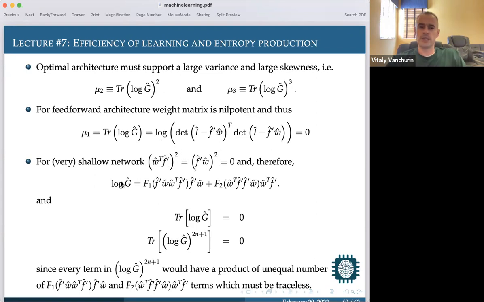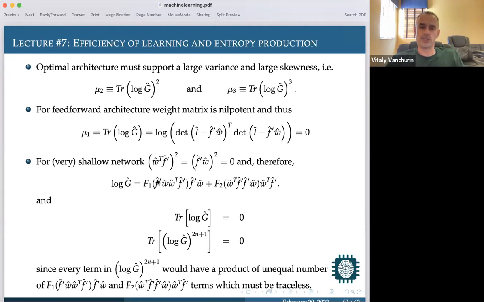Now, if that's so, then thinking about this as one matrix and this as the other matrix, those matrices cannot appear one right after the other without the other one in between. They have to be all mixed up. Here is an example of what you can have.